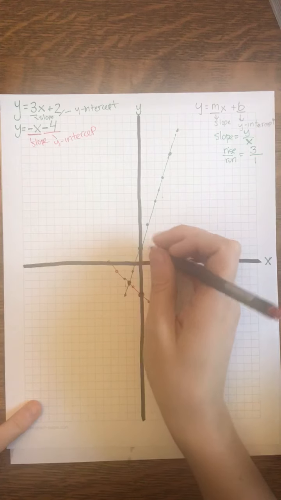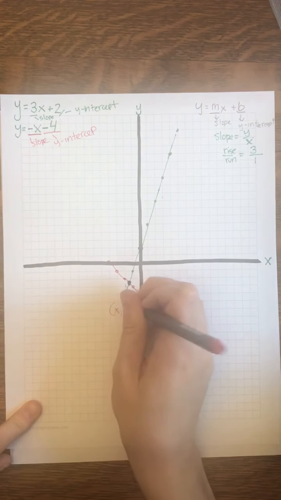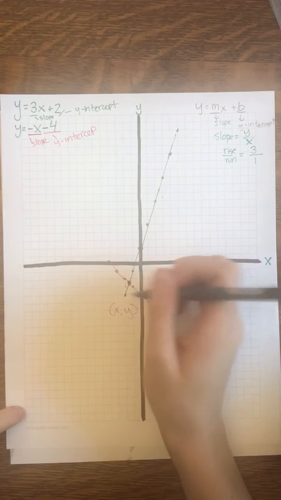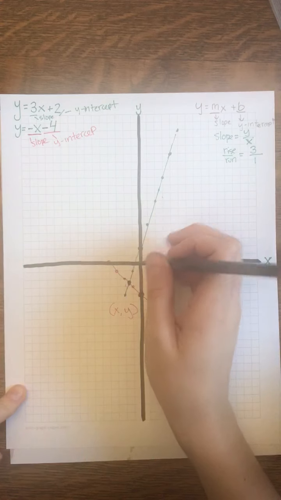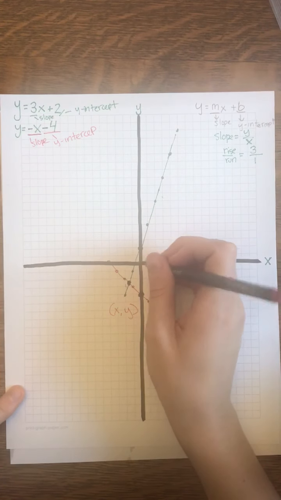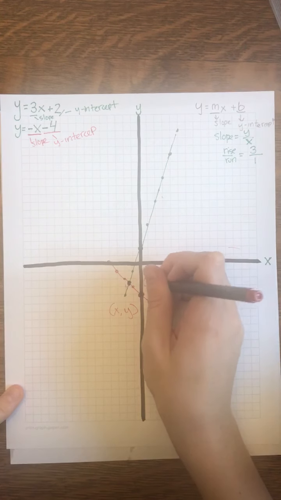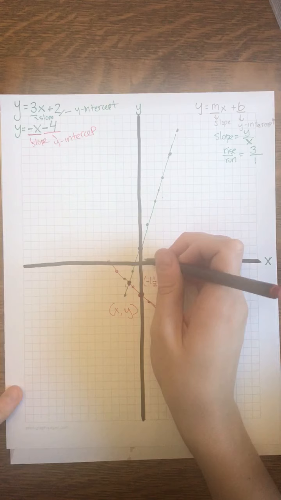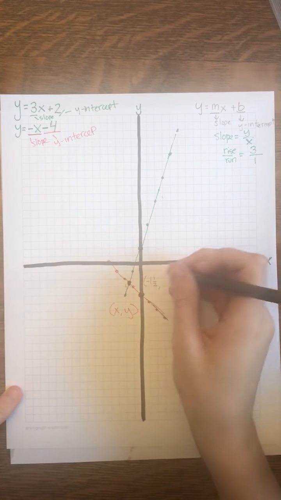Remember, coordinates always go x and then y. And remember, the x-axis is horizontal and the y-axis is vertical. So the point is right here. It's about negative 1.5, and then down it's 1, 2, about negative 2.5.